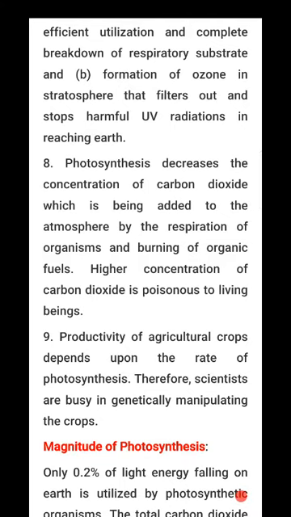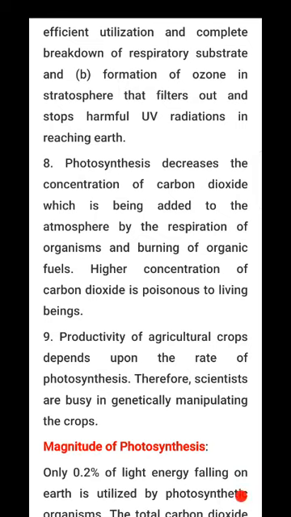Productivity of agricultural crops depends on the rate of photosynthesis. Therefore, scientists are busy producing new genetically manipulated crops.